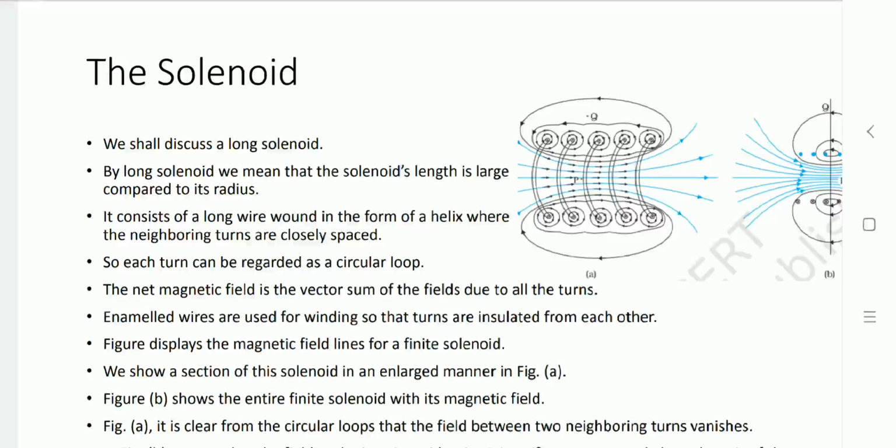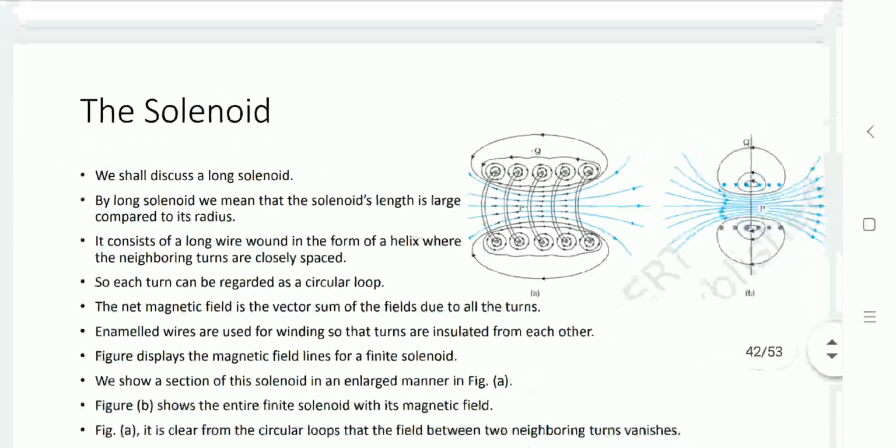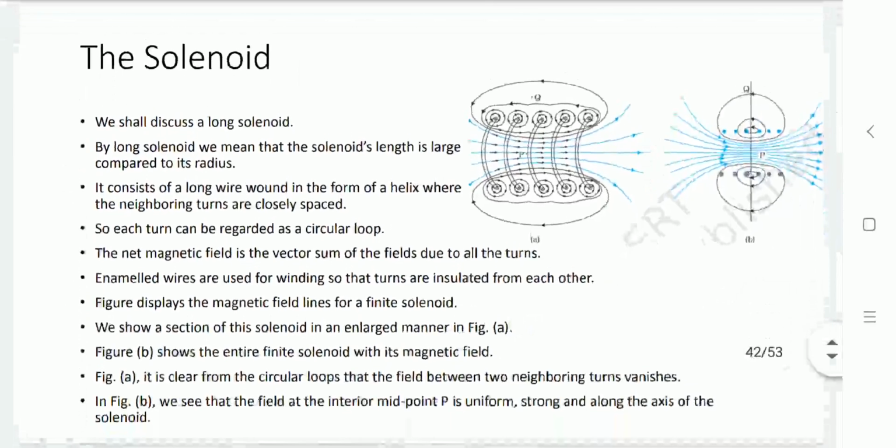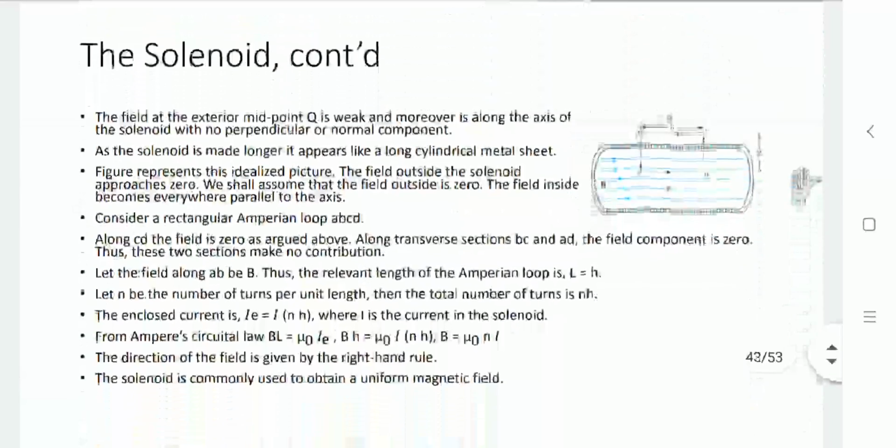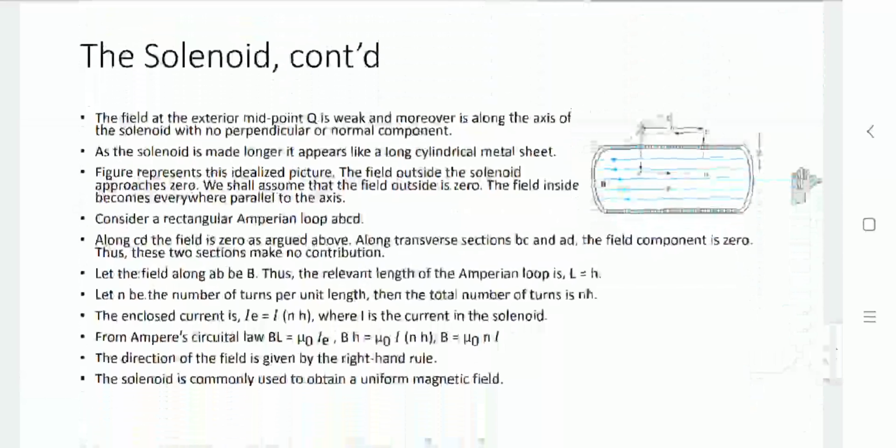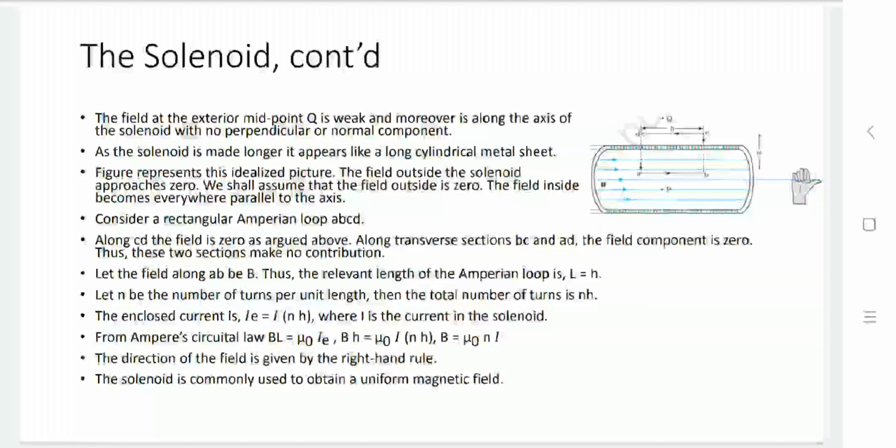So the magnetic field is present inside the solenoid, and at the center point P, in the interior part, a strong magnetic field is present, while moving away from it, its strength reduces, as you can observe in diagram B. Now the field at the exterior part, at point Q, is very weak, and along the axis of the solenoid no perpendicular component is available at point Q. Now the solenoid is taken as a long cylindrical sheet.